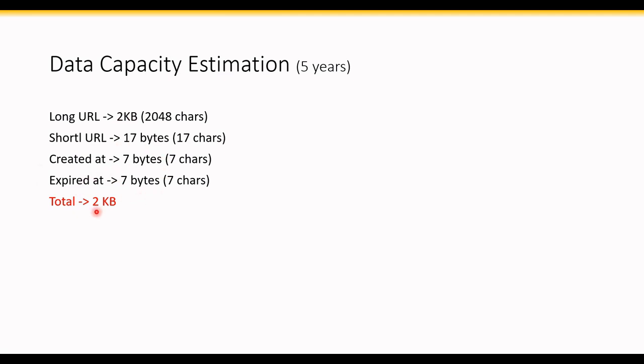So we can approximate the total space needed to store data for a single long URL to be close to 2 KB, and let's assume that there are 20 million users who use this tiny URL service.